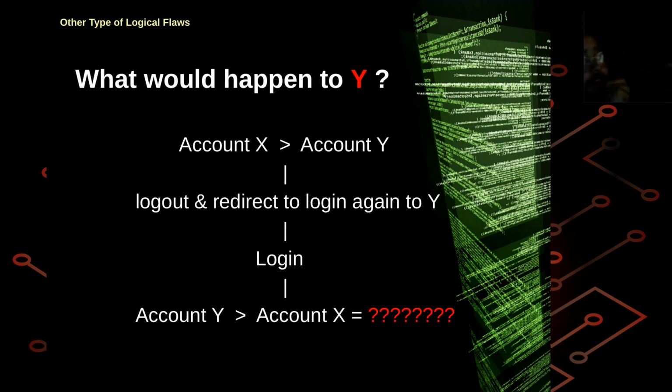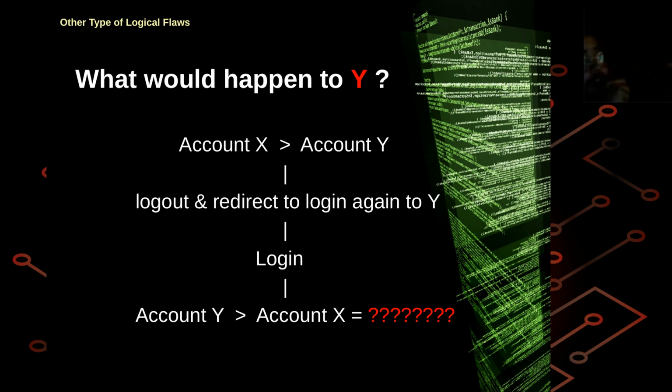So we intercept a request from the account X and save it on our desktop, and then we open our account Y and intercept a request inside the Y account. Then we make some changes.